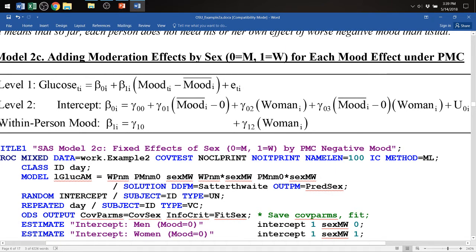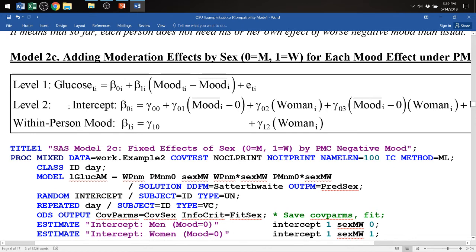Each person gets their own intercept, and each person gets their own within-person negative mood effect. And you'll note, I started this convention a few years ago, and I'm just going to keep doing it. I write out what the betas are for. That's for my own benefit as well as for the readers. This is how each person gets their own intercept. This is how each person gets their own within-person effect of negative mood.